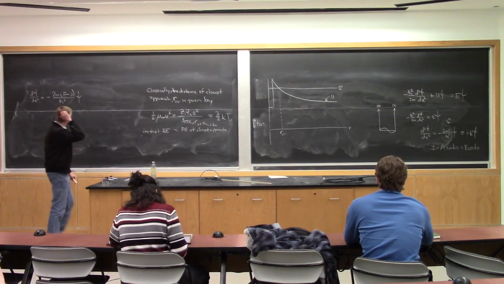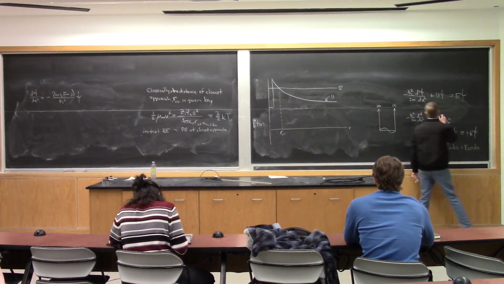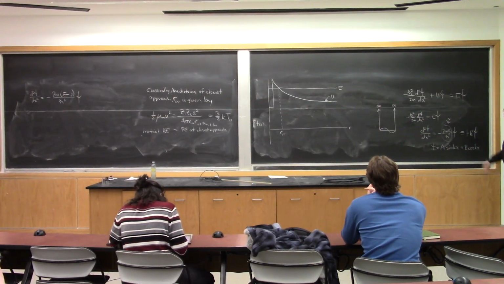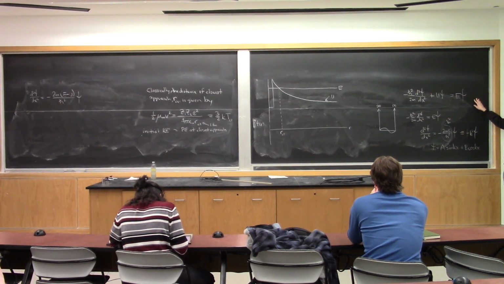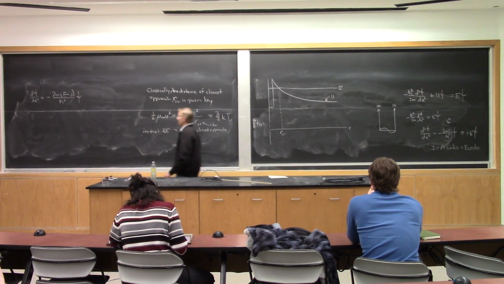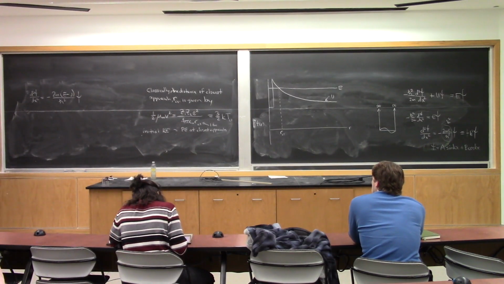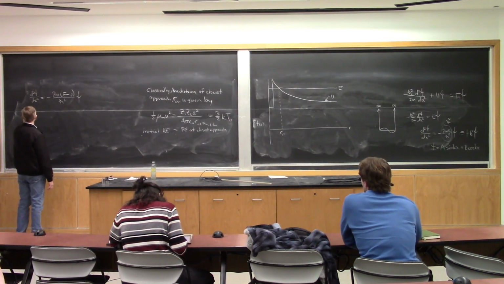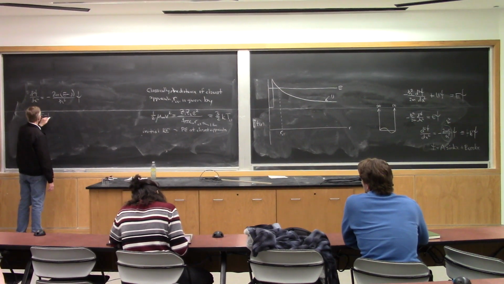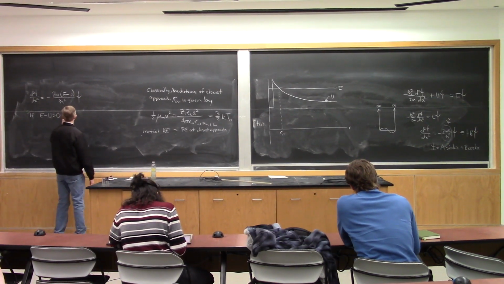If I rearrange the Schrodinger equation, I could make this minus h bar squared times d squared psi dx squared is E minus U psi, and then multiply through by 2m over h bar squared. So here's another way to write the Schrodinger equation.